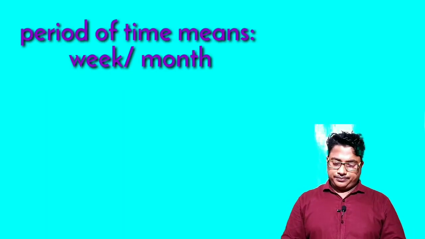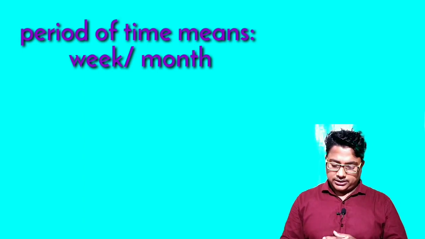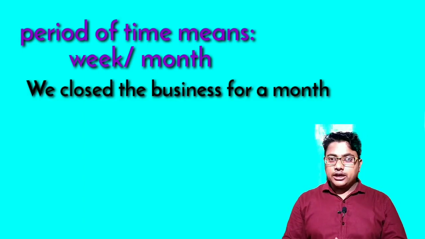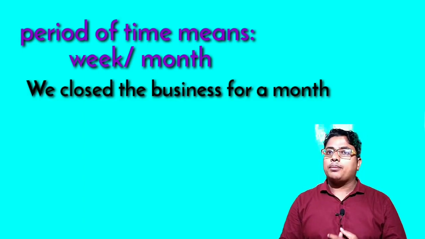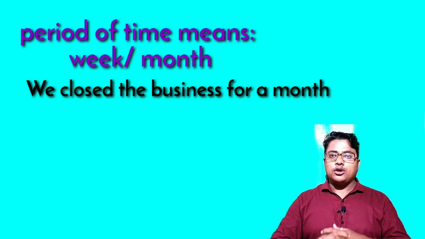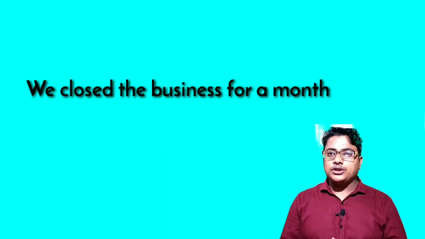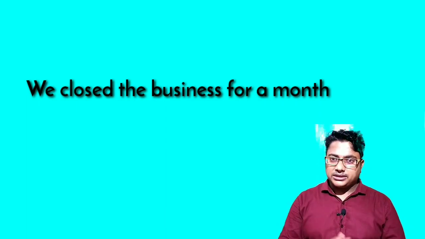Period of time means weeks or months. For example, we closed the business for a month. Here we can easily calculate for how many days we closed our business. 1 month means 30 days.